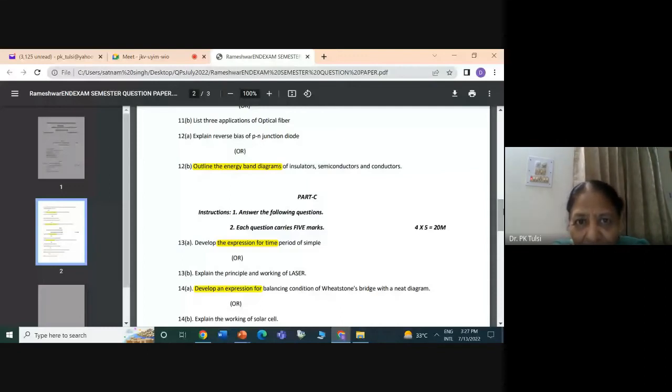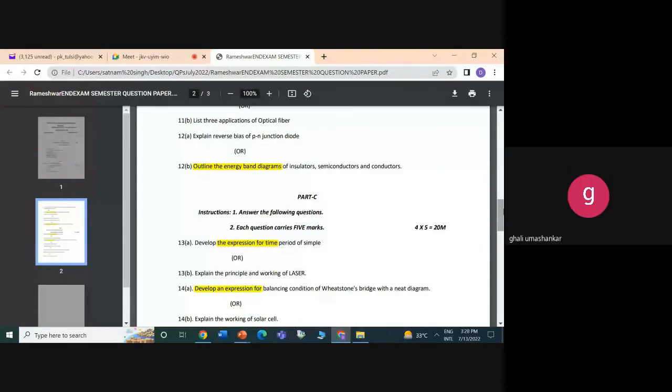Hello, Dr. Rameshwar, are you with us? Madam, good evening. Simple what? Period of simple? Simple pendulum, madam. Actually, pendulum should be there, or is it something else? Pendulum. Actually, it is not developed.